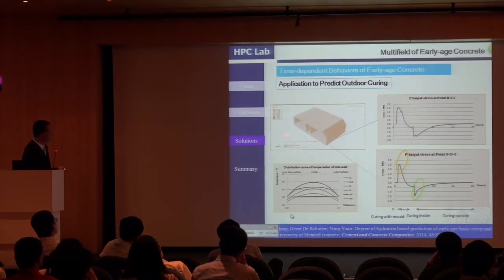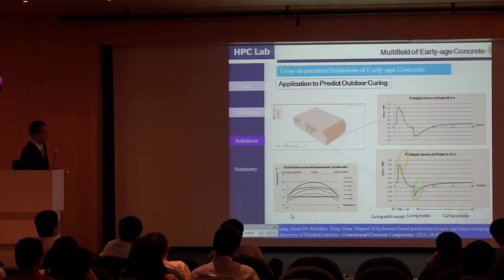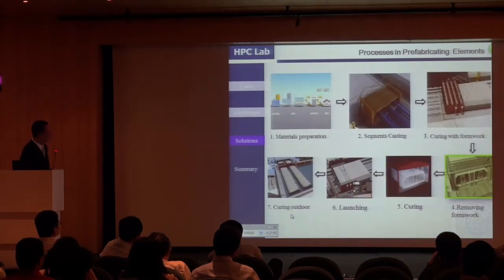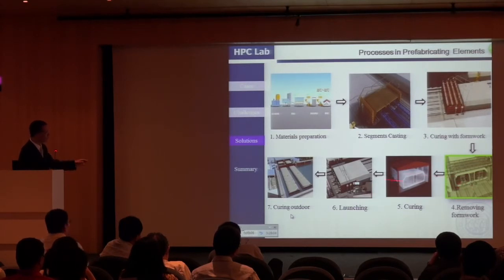To simulate the whole process, we found that at an early age, especially at 3 days or 1 day, it changes more quickly than the cooling outside. So the problem is to find out which parts would influence the manufacturing quality control.